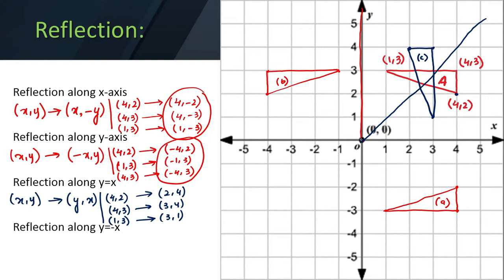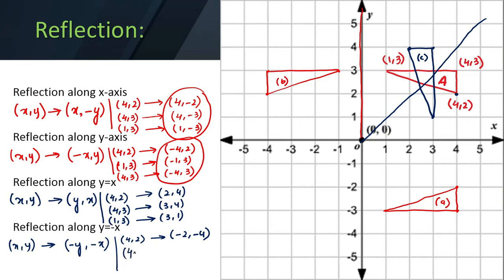Now the last line is y = -x. In this condition, when we have y = -x, we will interchange the x and y values, but we will write a negative sign with both values. So for example, we have coordinates (4, 2). So it will be (-2, -4). Both will interchange, as well as we have a negative sign with both.